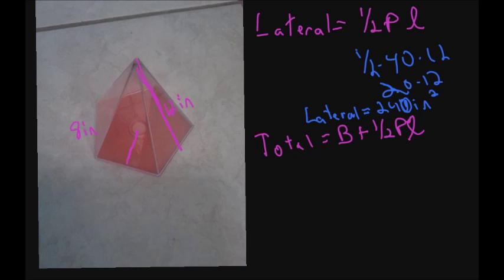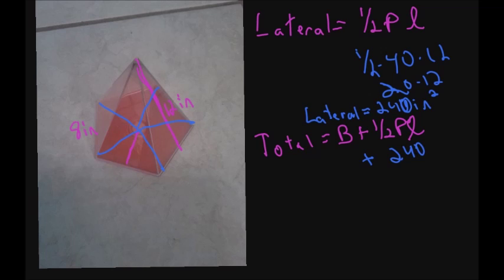Alright, now to do the total, we're going to do area of the base plus our lateral. Our lateral we already know is 240, plus the area of our base. Well, we have to find the area of the pentagon, which is going to take a little bit more work. We can divide this pentagon into 5 equal triangles, find the area of one, and then multiply it by 5.